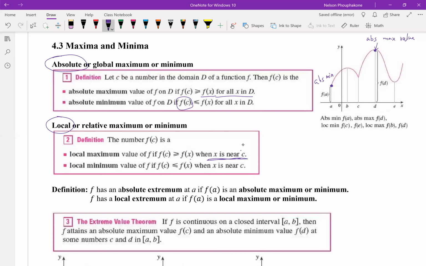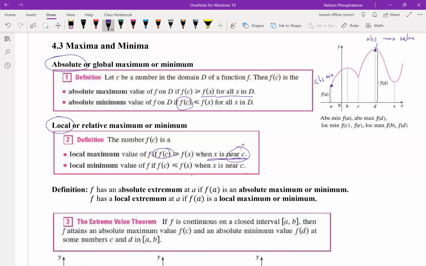We only look nearby the number c to see if this is the biggest output around this area right here. And of course, the local minimum of f: f of c is less than or equal to f of x when x is near c.